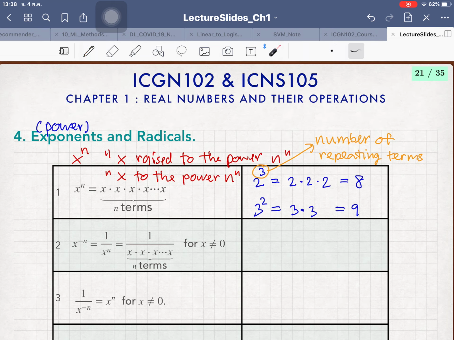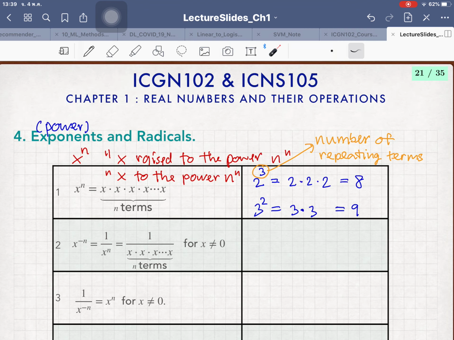For example, if you have 2 to the power 3, now you're going to have 1, 2, 3 terms of 2. You have 3 repeating terms of 2. And for the power of 2, you have 2 repeating terms of the number 3.